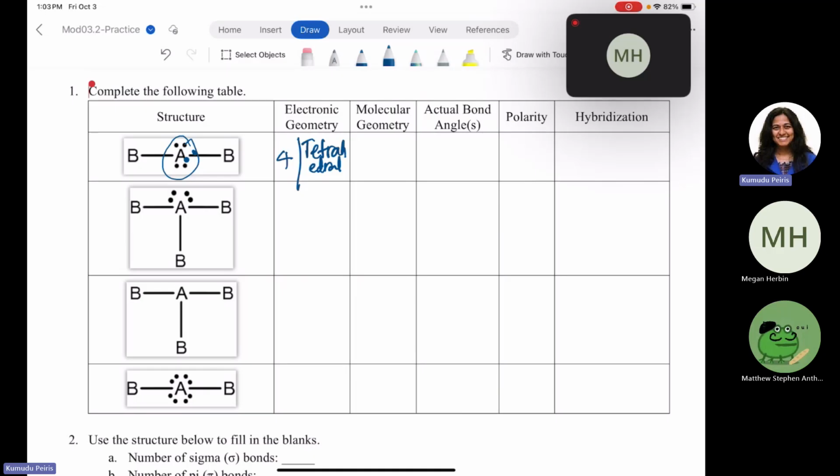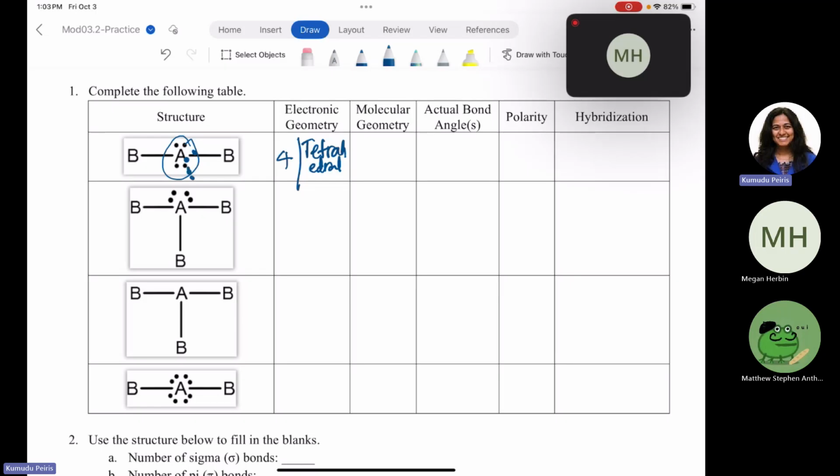When the unshared electron pairs are present, they tend to stay as far from each other as possible. Therefore, the structure will deviate and come to a new structure where the repulsive forces are minimum.